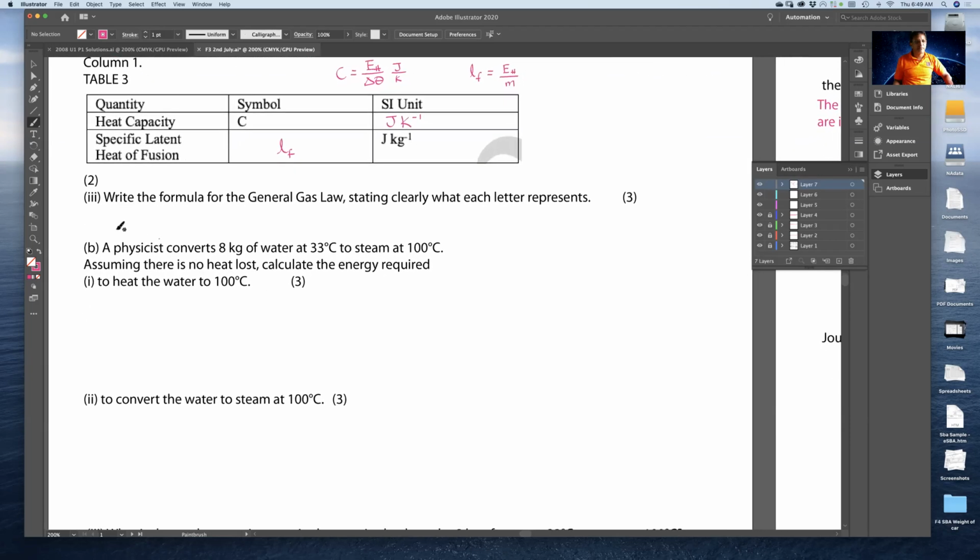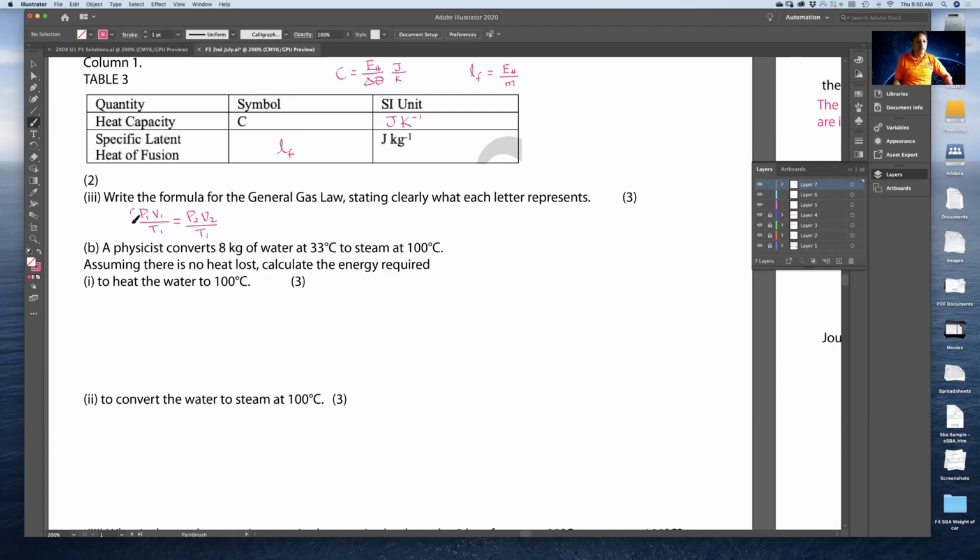Part three is something about gas laws. Write the formula for the general gas law, stating clearly what each letter represents. The general formula is P1 V1 over T1 equal to P2 V2 over T2.